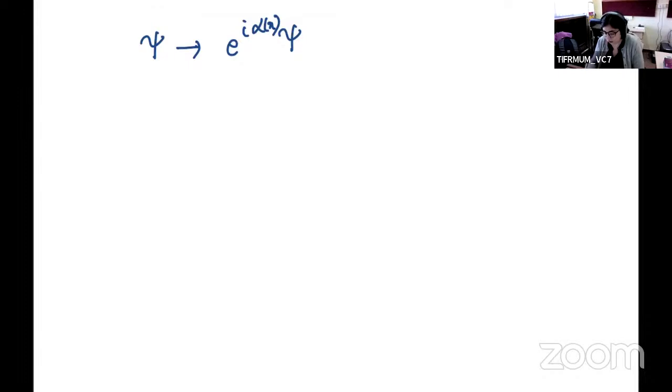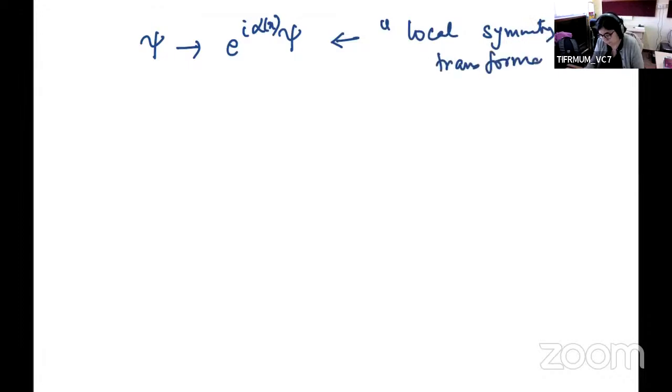So this is sort of a weird kind of transformation, and this is called a local symmetry or transformation. Okay.